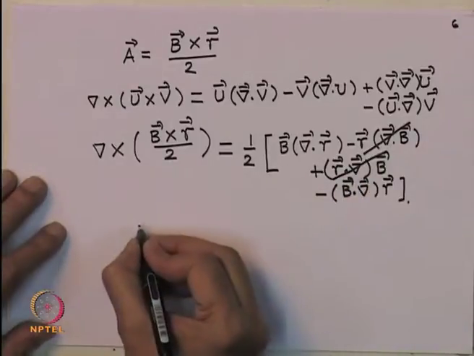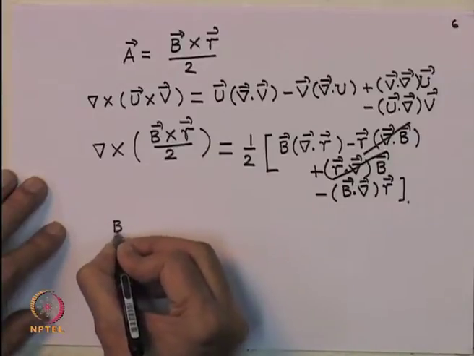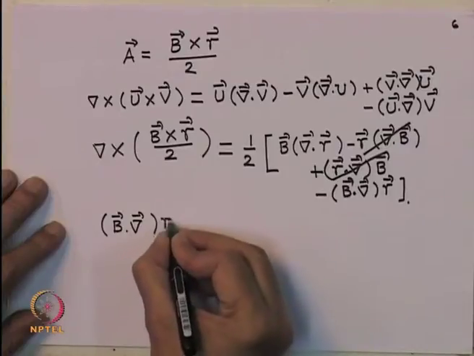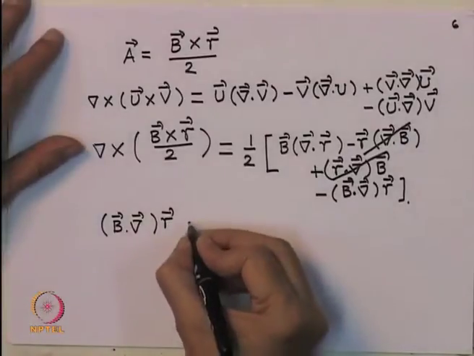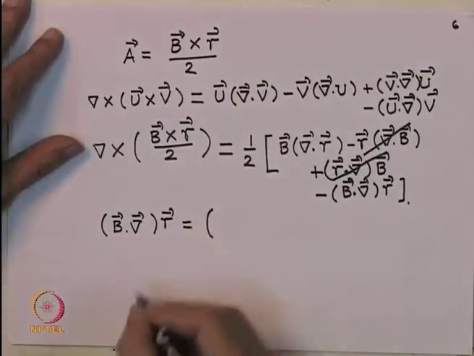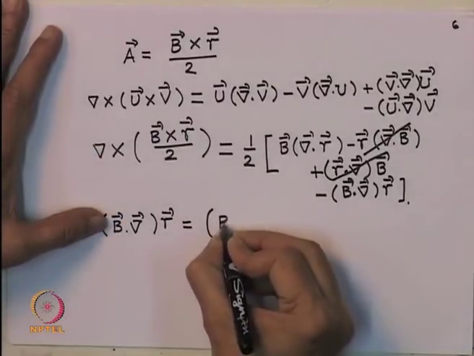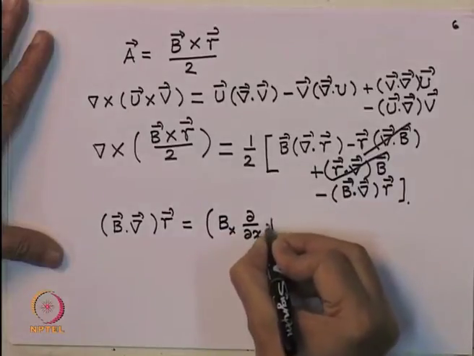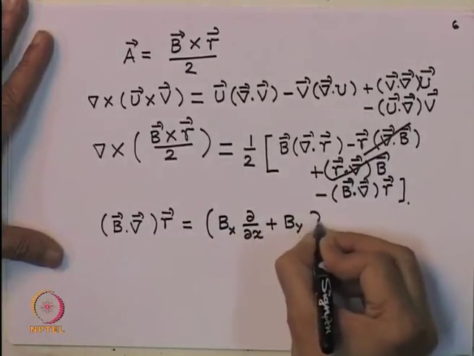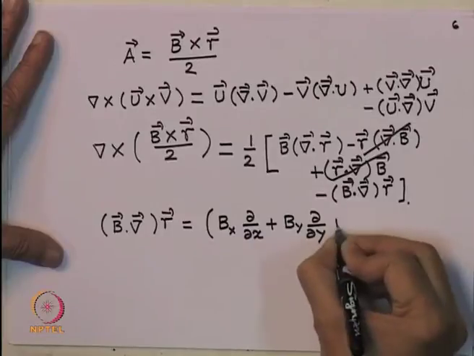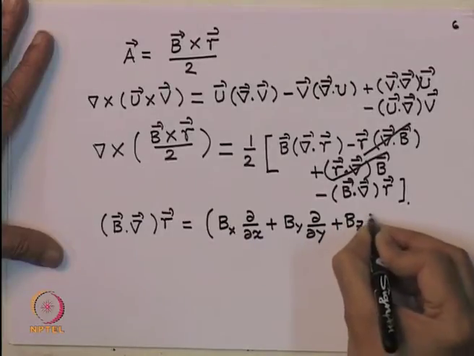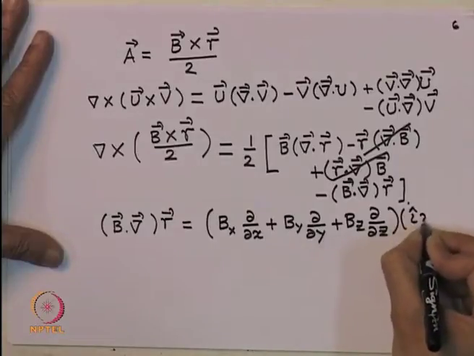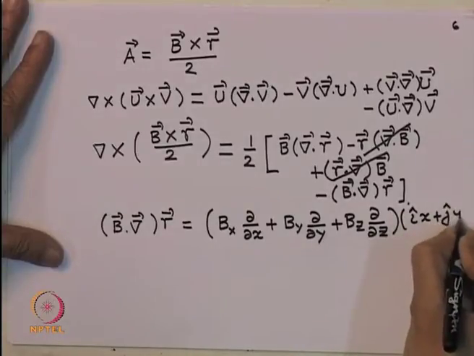So, I need to calculate what is B dot del of R. Remember that the way to understand this is B dot del is to be written as Bx d by dx plus By d by dy plus Bz d by dz, and vector r is of course i x plus j y plus k z.